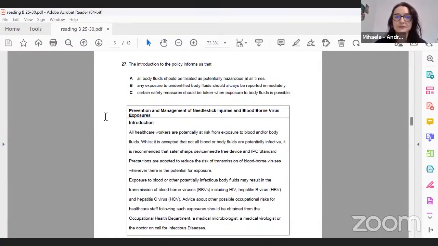It doesn't say that it should be immediately reported. It only talks about some advice from the occupational health department, but it doesn't say immediately and it doesn't say report it. Okay, great. Let's move to the next question.